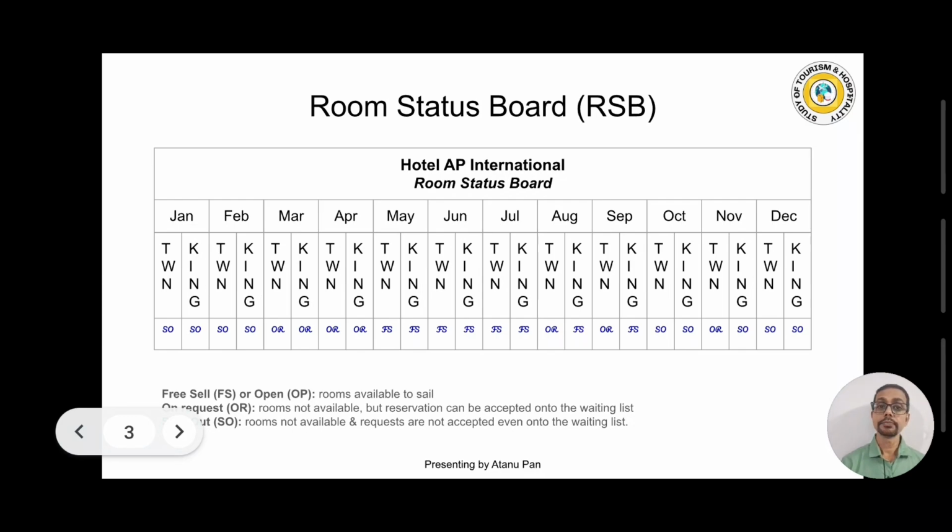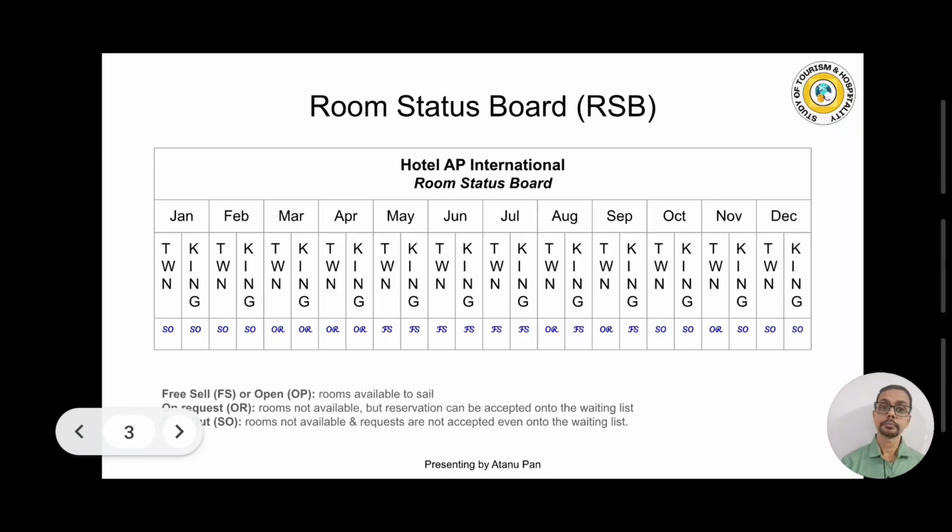And if rooms are not available and requests are not accepted even onto the waiting list, it means the rooms are not available and we are also not accepting overbooking, then we will write SO. SO stands for sold out.